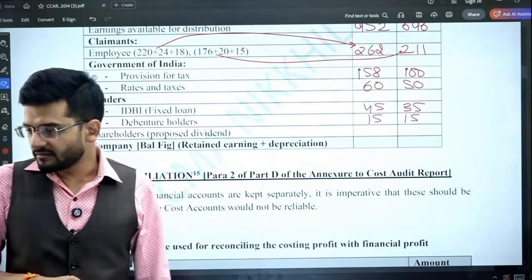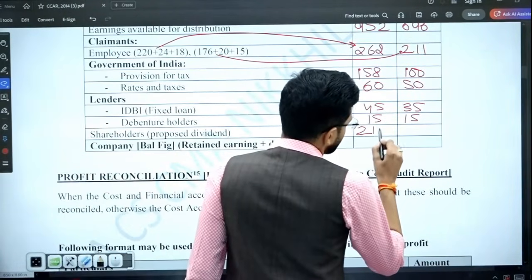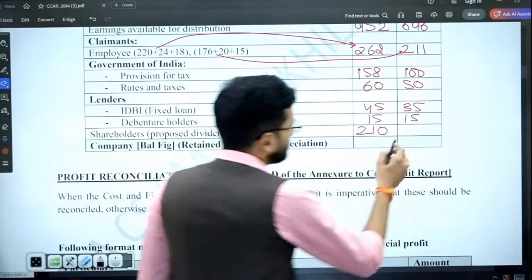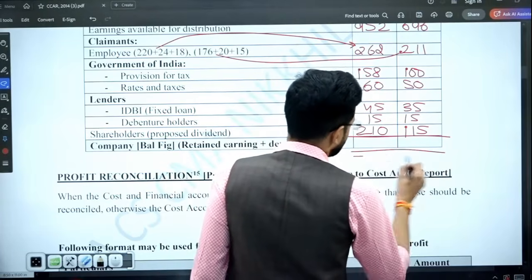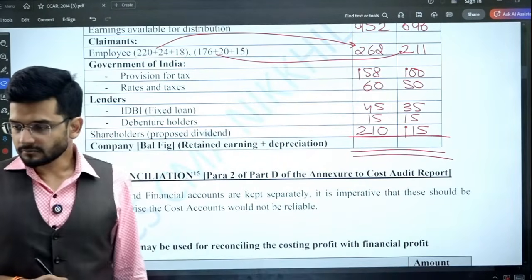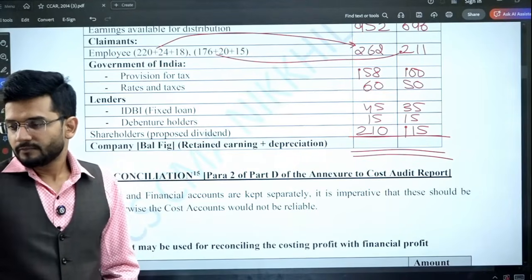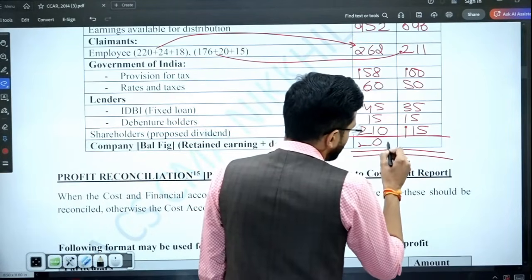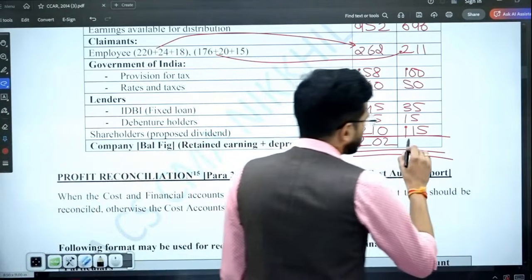Then for shareholders, we have proposed dividends. 210 for 2026, 115. This is the residuary figure, this is the balancing figure. So the balancing figure should come out to 202,170.